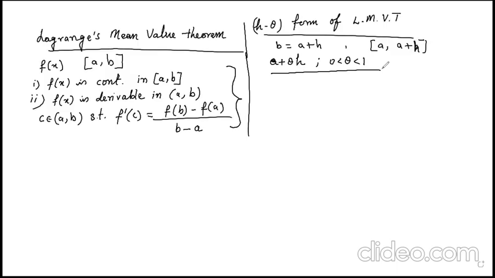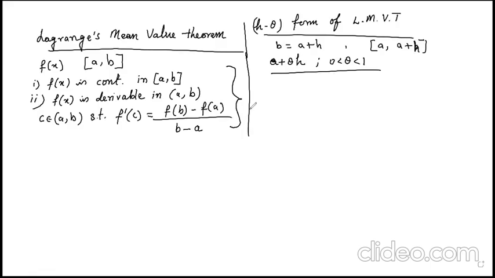I think this much is understood by all of you, right? We have replaced b by a plus h, then the interval becomes a to a plus h, and the point c is required according to the statement of the mean value theorem. So c is now a plus theta h. Obviously, theta must lie between 0 and 1.